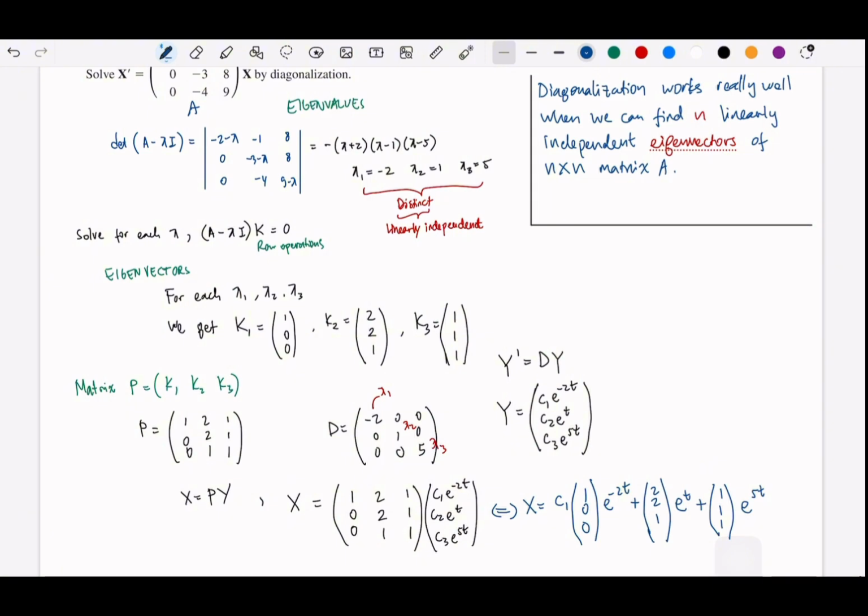And when you have a repeated eigenvalue, you can have two choices. It could be linearly independent eigenvectors, or it is going to be dependent, which will fail. And that is when it is not going to be diagonalizable. So we cannot use diagonalization.